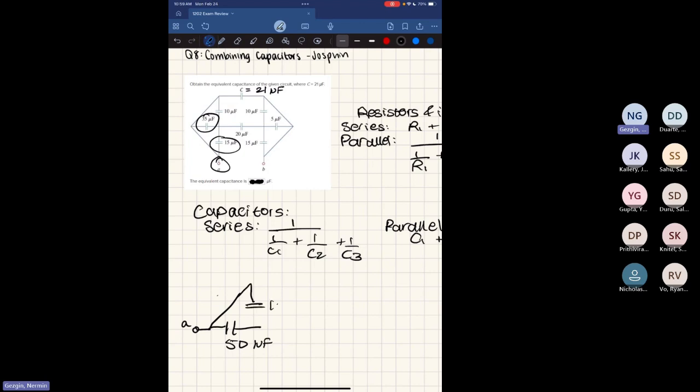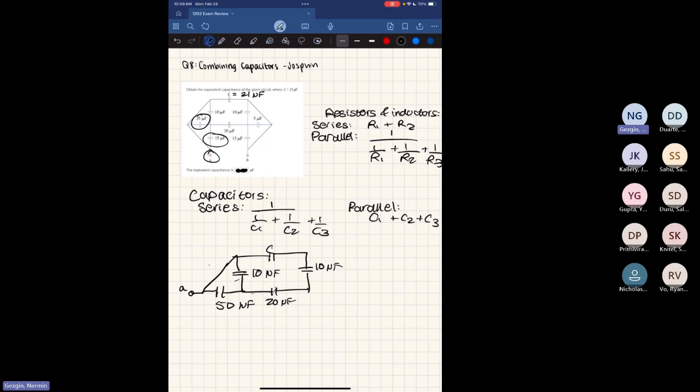We still have the 10 microfarads. I'll go ahead and combine these as well. They are also both in parallel, so again, we just add them. And likewise, we have this, so they just share the node. We have to move them. And this is what you would get.